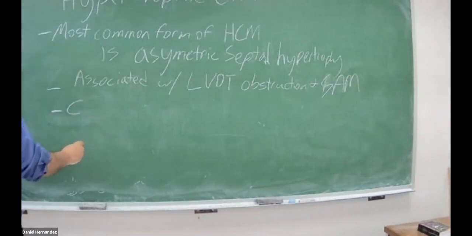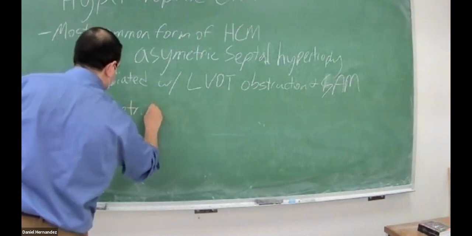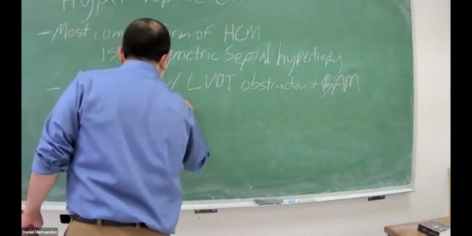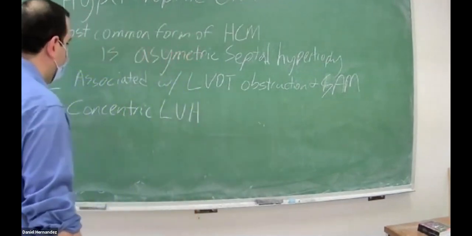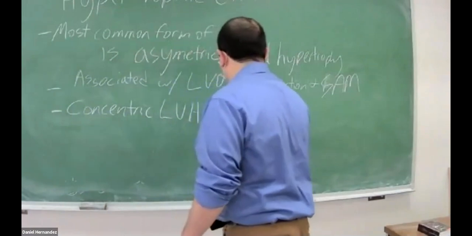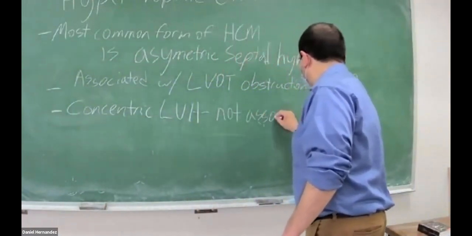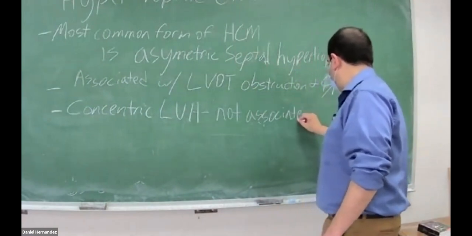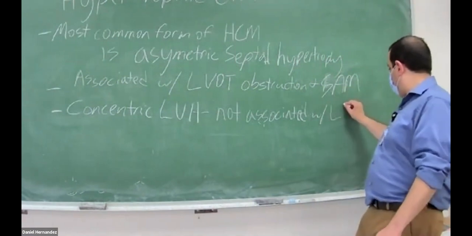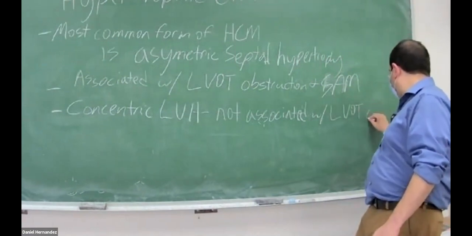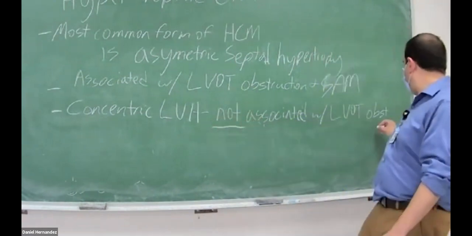You can also have eccentric LVH, and that's typically not associated with LVOT obstruction.